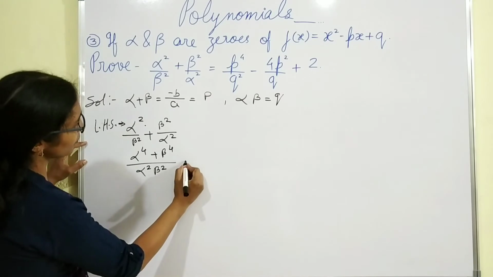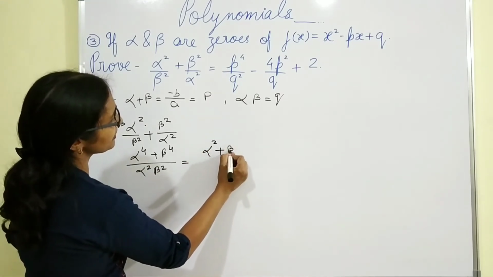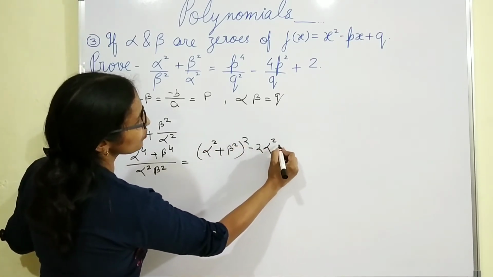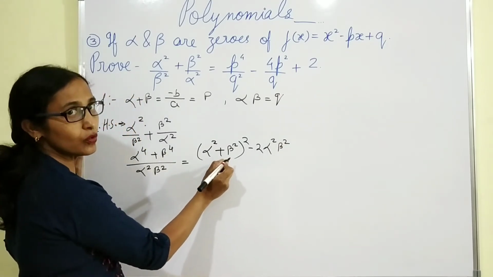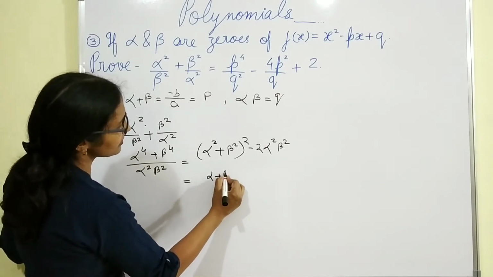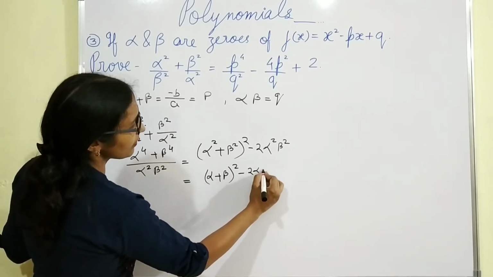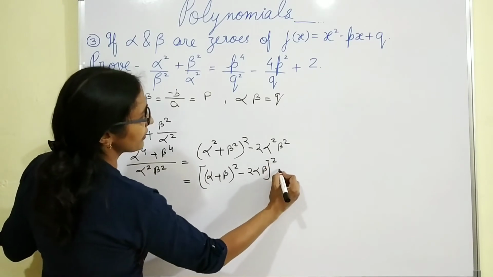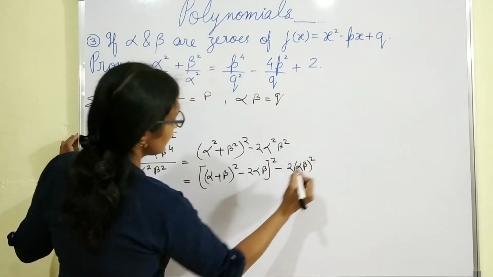So, alpha power 4 plus beta power 4 equals (alpha square plus beta square) whole square minus 2 alpha square beta square. Now in the last question I told you the value of this. So the value of this is (alpha plus beta whole square minus 2 alpha beta) whole square minus 2 alpha beta whole square.